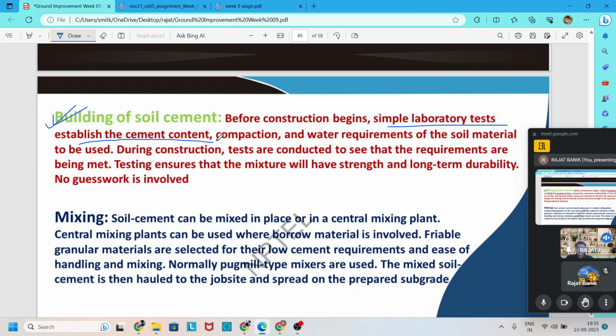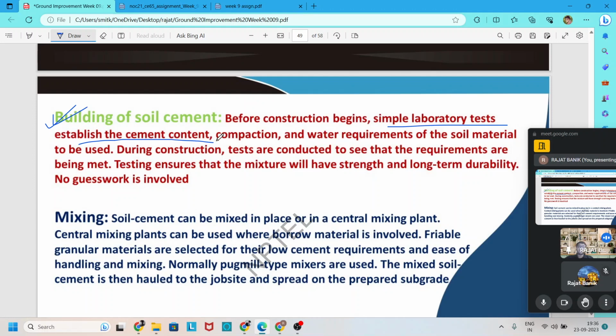And during construction, some field tests are also conducted to see whether these requirements are being met and whether we achieve our goal. We can check during the construction.